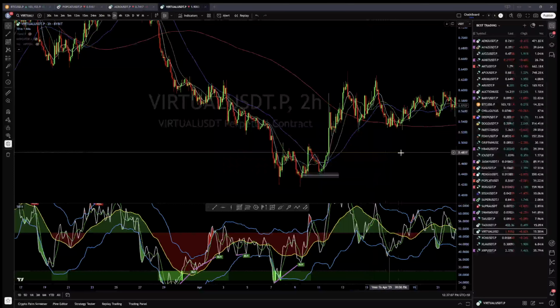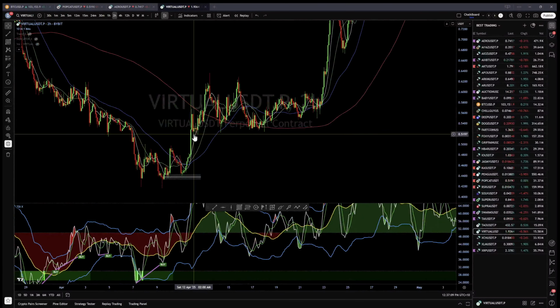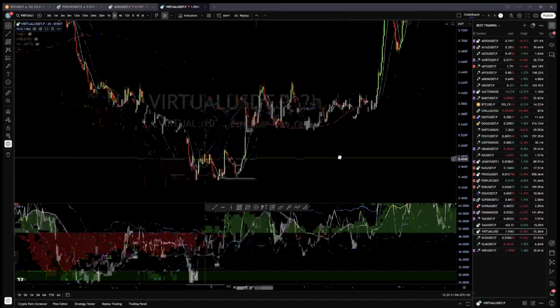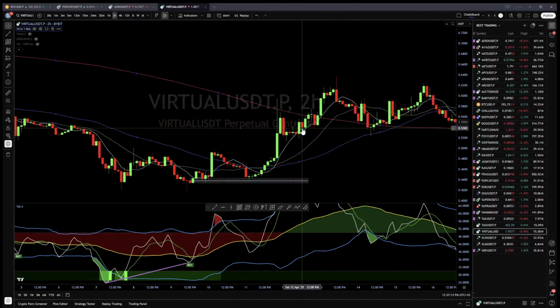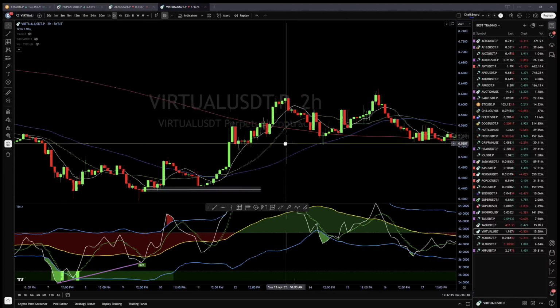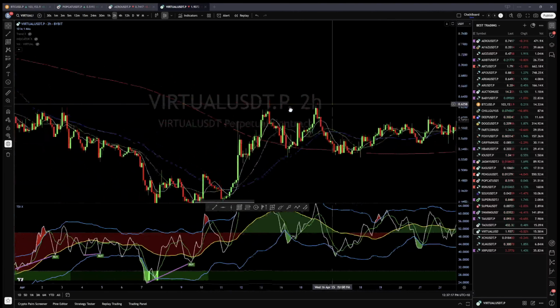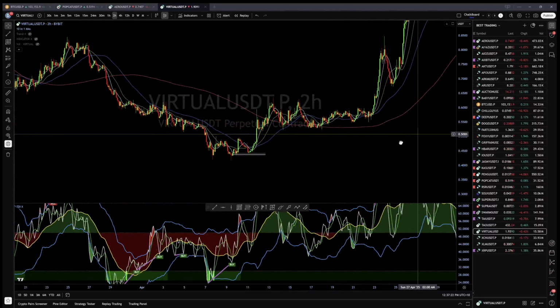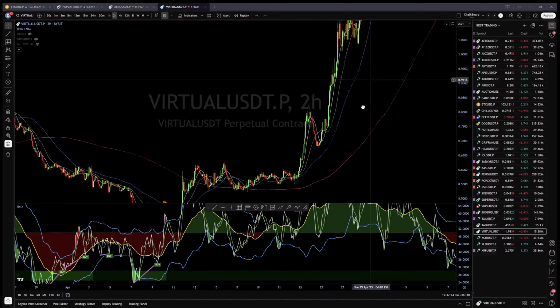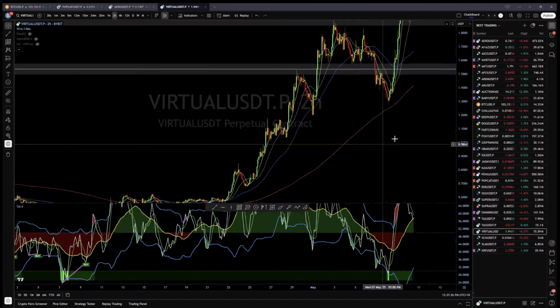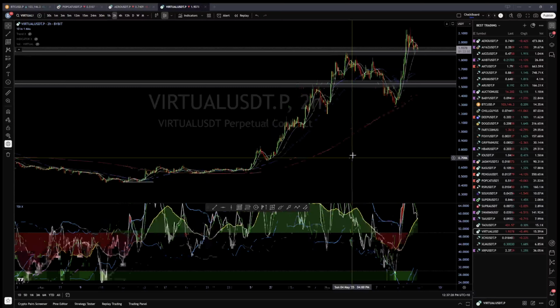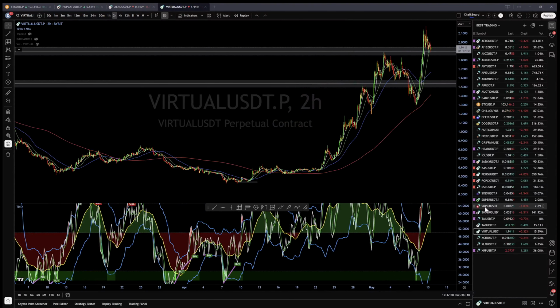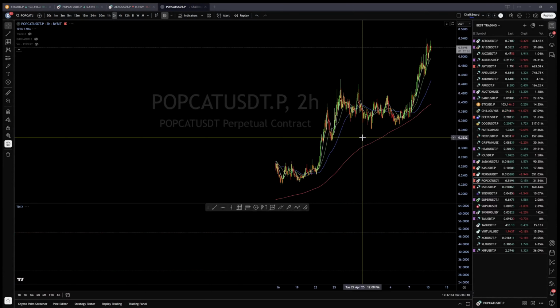And so, even if you get in a little late, it doesn't really matter that much, if the price is staying above the 8, and then gradually it stays above the other moving averages, and the moving averages spread apart, showing a lot of strength and momentum. So let's look at something else, and I'll show you just how consistent this is. It could be on any coin, really.